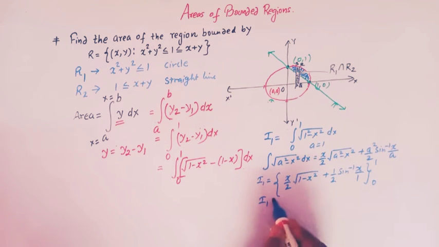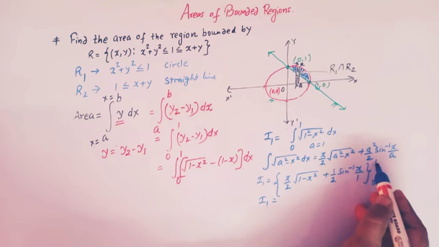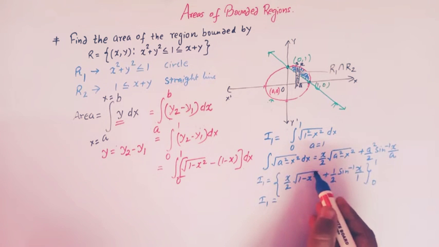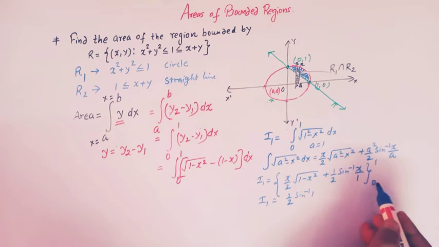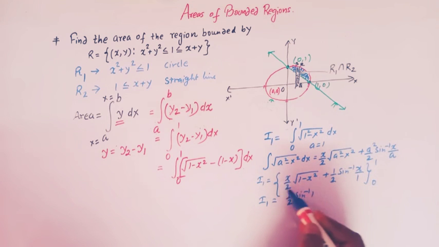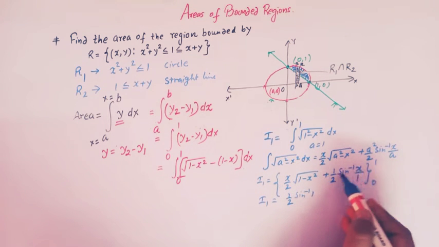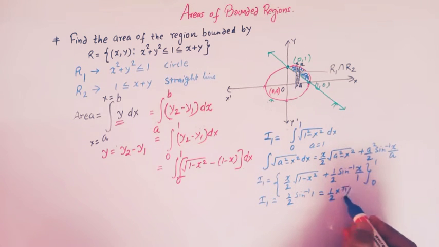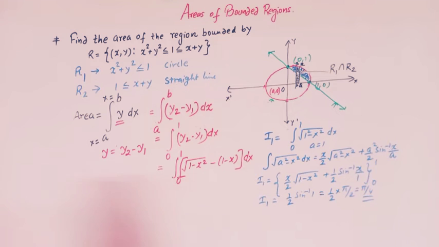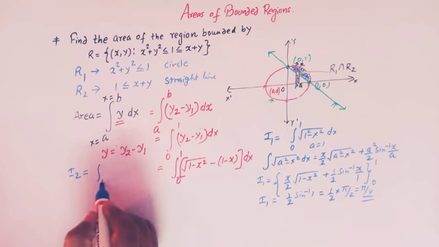Now if we substitute the limits, when we take x equal to 1, this term is 0, and here we have half sine inverse 1, and when we take 0, this term is 0 and this term is also 0, because sine inverse 0 is 0. So we have only this term, and sine inverse 1 is pi over 2, so we have pi over 4.